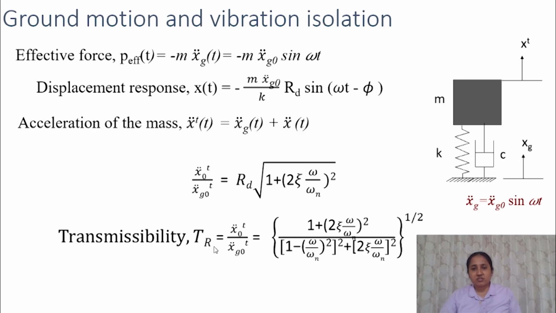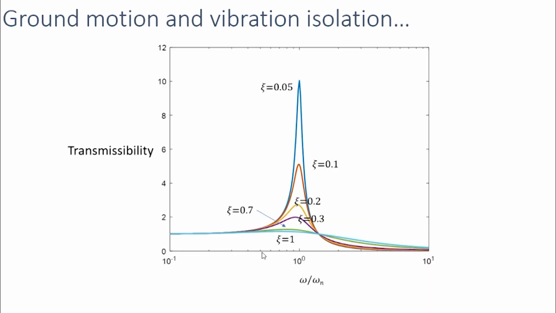So the transmissibility here is the ratio of the amplitude of acceleration of this mass divided by the ground acceleration amplitude, and that would be equal to this, which is exactly the same as the force transmissibility we have seen earlier. So here also the nature of transmissibility is similar to the force transmissibility.